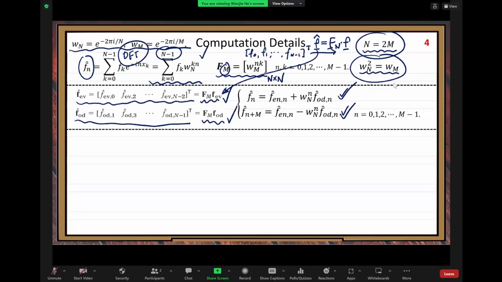So here I recover those skipped steps to help you understand these formulas first. That's the first part.